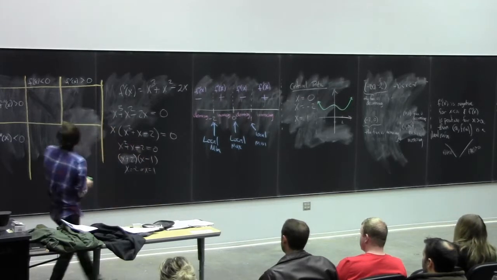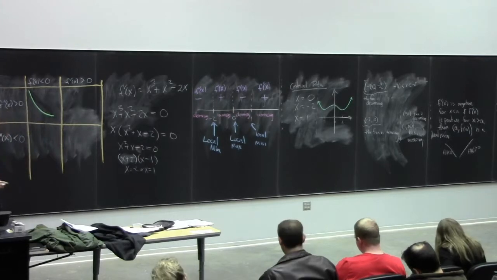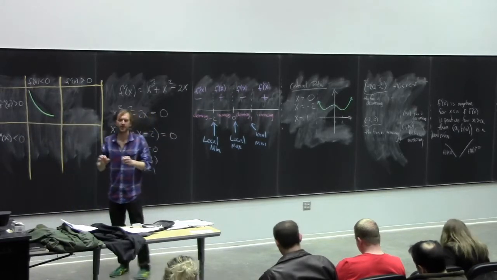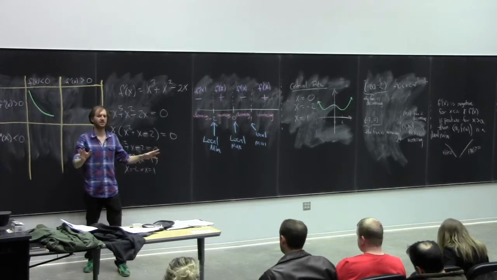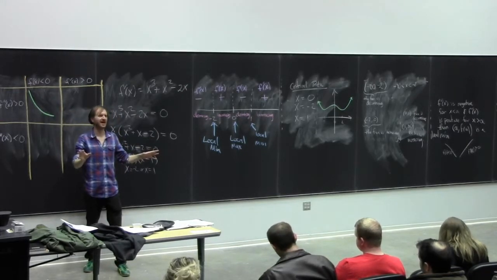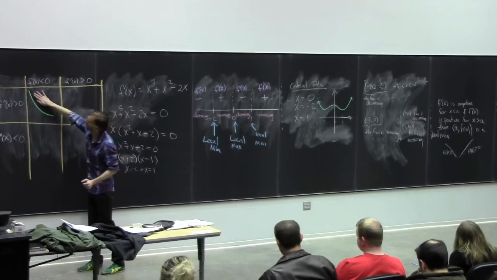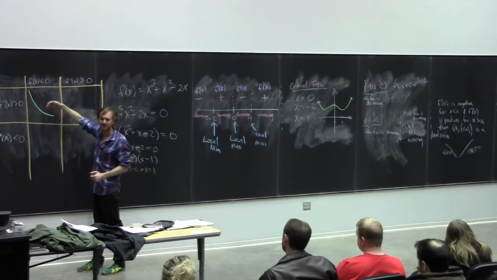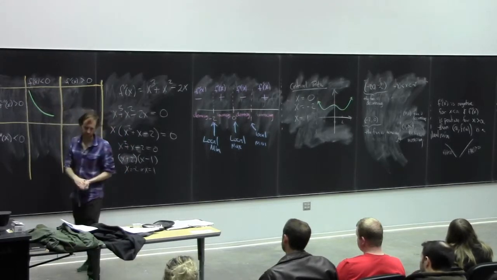And so it looks like this. That's what your function looks like. This is called concave up. We all remember how to remember concave, right? Because it sounds like a cave. A cave's like a hole, right, that you live in. So this is the cave part, and the cave part is up. Concave up.